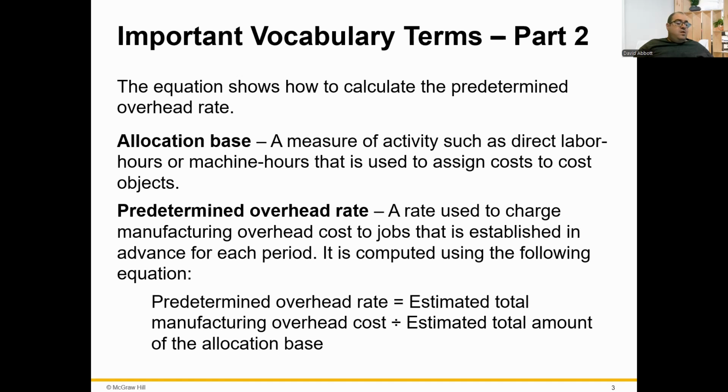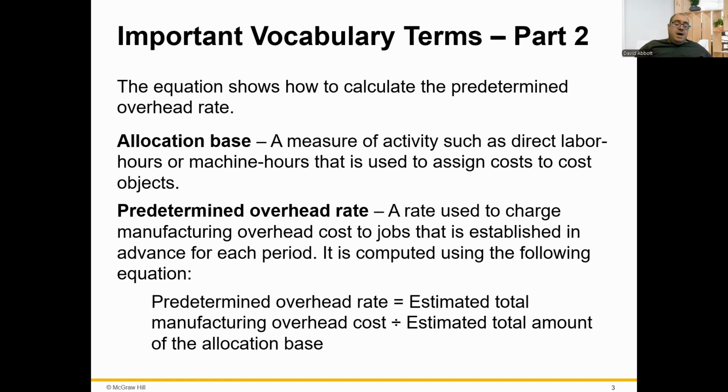And then the predetermined overhead rate is the rate that is used to charge manufacturing overhead cost to jobs that is estimated in advance for each period. It is computed using the following equation that we see, which is estimated total manufacturing overhead cost divided by the estimated total amount of the allocation base. And that's what gets us that.